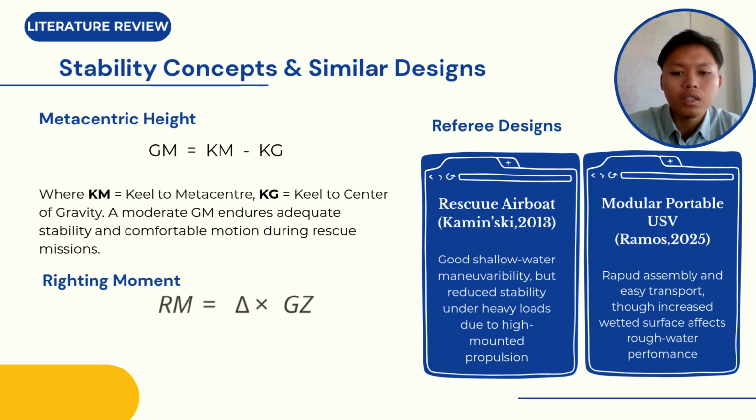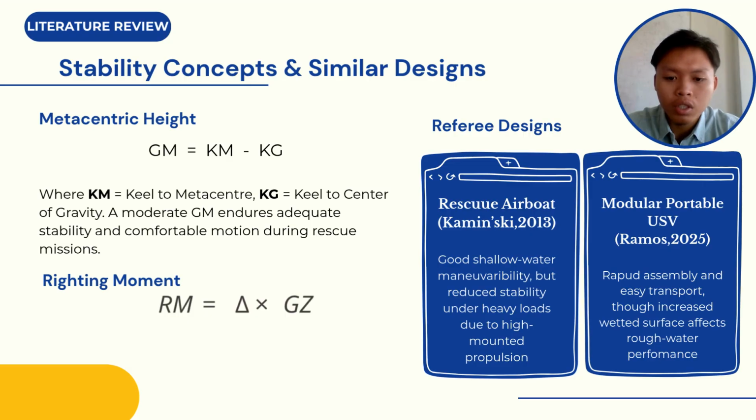The first is the rescue airboat developed by Kaminsky in 2013. It performed well in shallow water and debris-filled environments, but experienced reduced stability when carrying heavy loads because of its height-mounted propulsion system. The second design is the modular portable boat developed by Ramos in 2025.